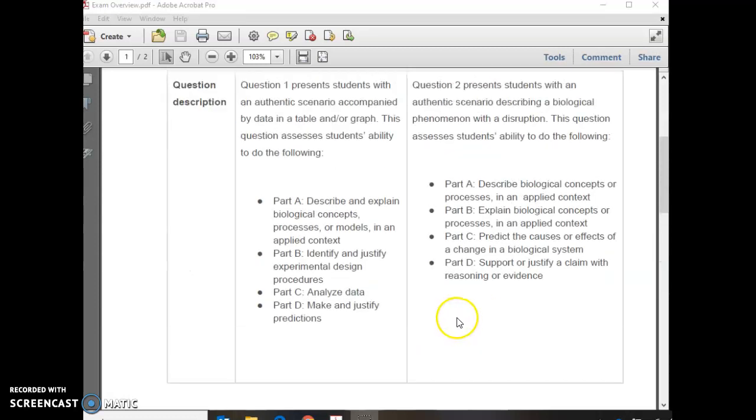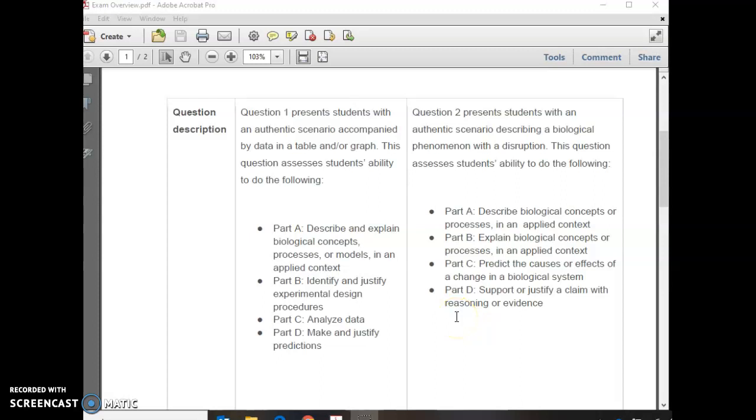The second question is what we're calling the short question. This is some sort of scenario or some sort of biological phenomenon. So again, it's going to be talking about real organisms that you may not recognize, like we said, mollusks or bacteria or proteins or something that's real life. And the key thing here is that there's going to be a disruption to that system.